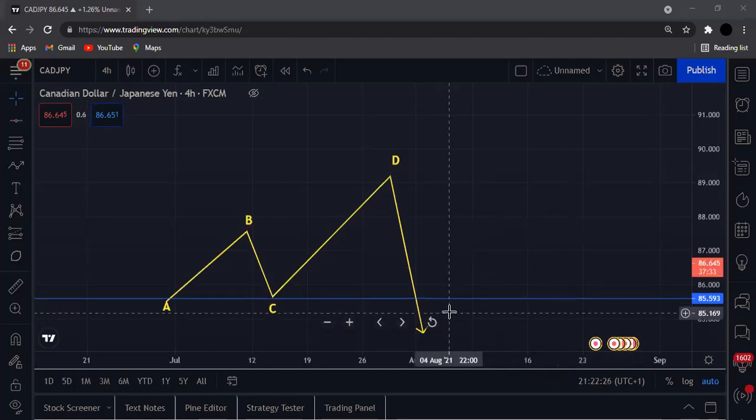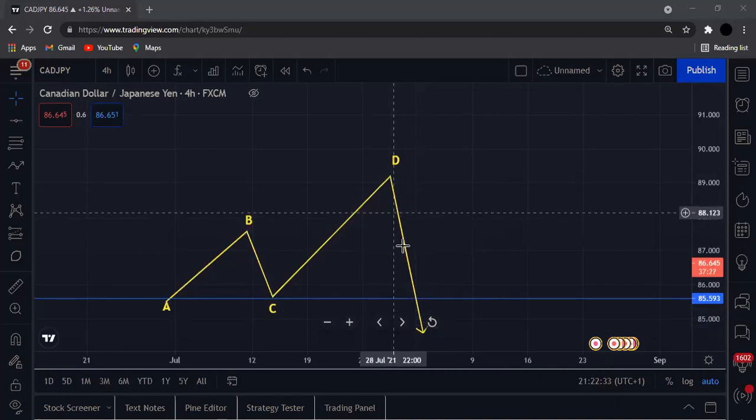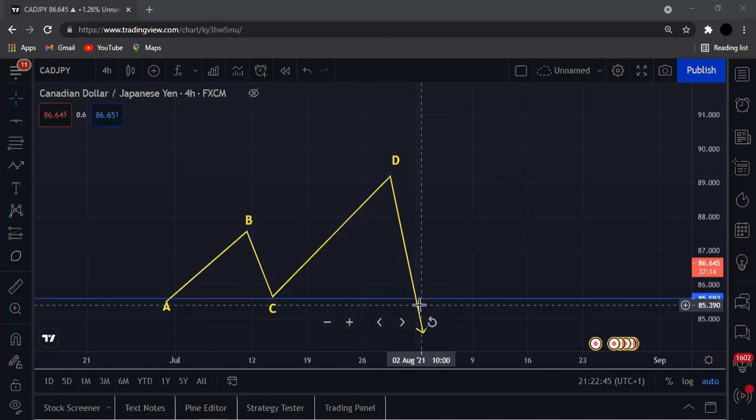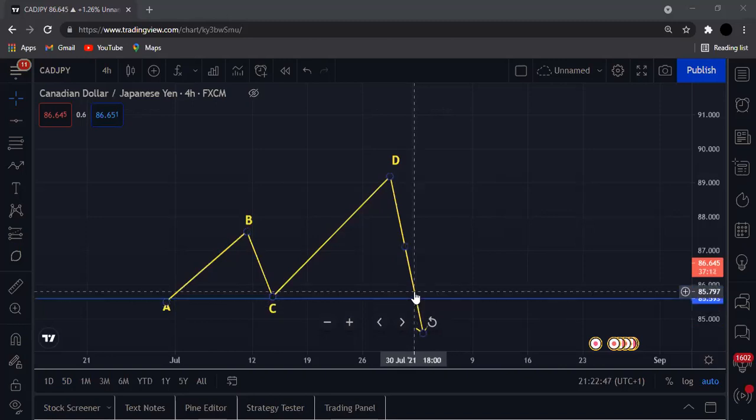The people who bought first, if they placed no stop loss, there's what's called a stop loss. Let's say they bought at this region here.